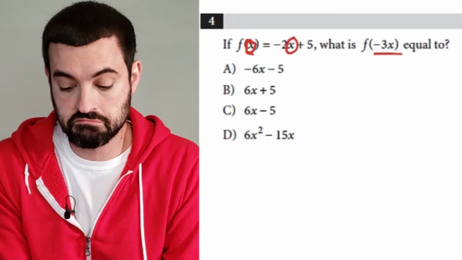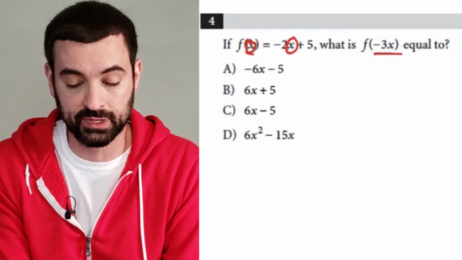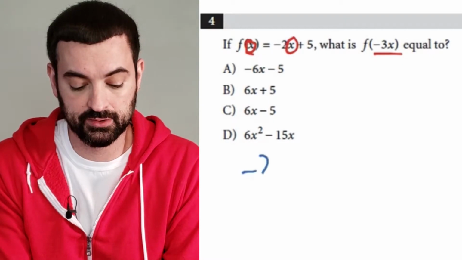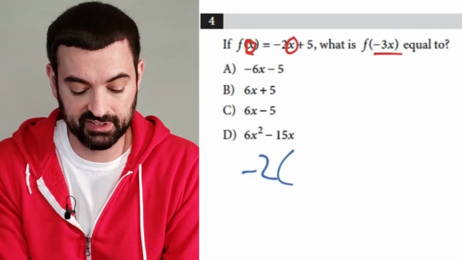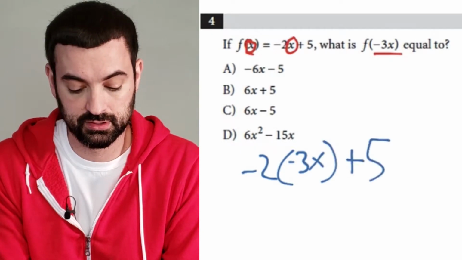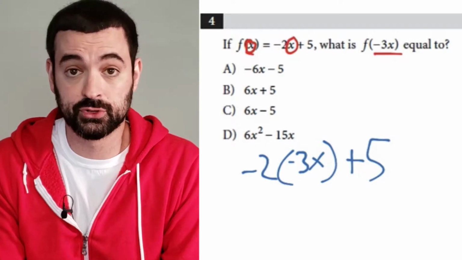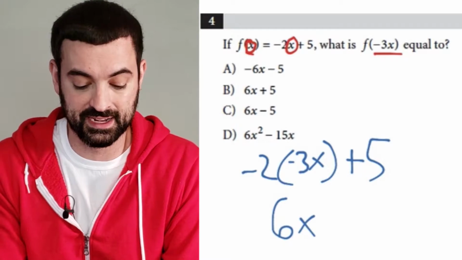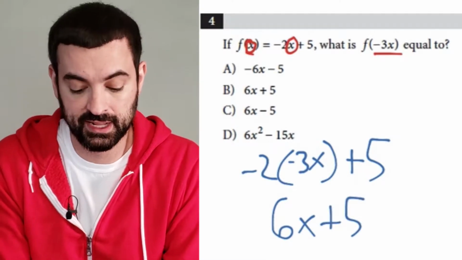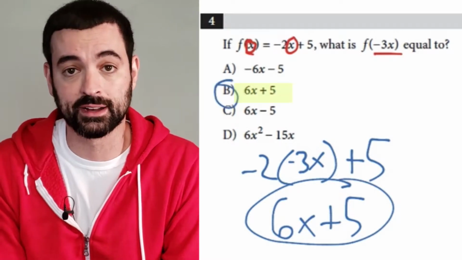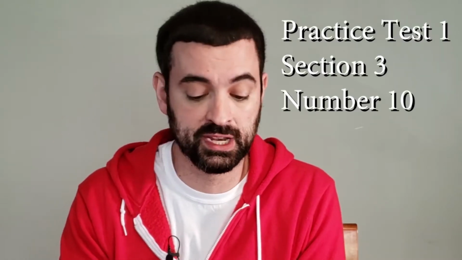So this is as simple as substituting negative 3x for x, and we'll have negative 2 times negative 3x plus 5. Negative 2 times negative 3x is positive 6x, plus 5 is plus 5. 6x plus 5 is our answer, which means that B is correct, right? Simple substitution.